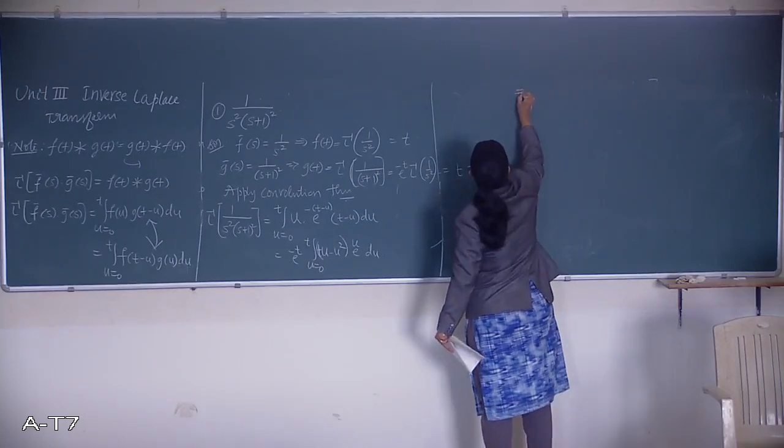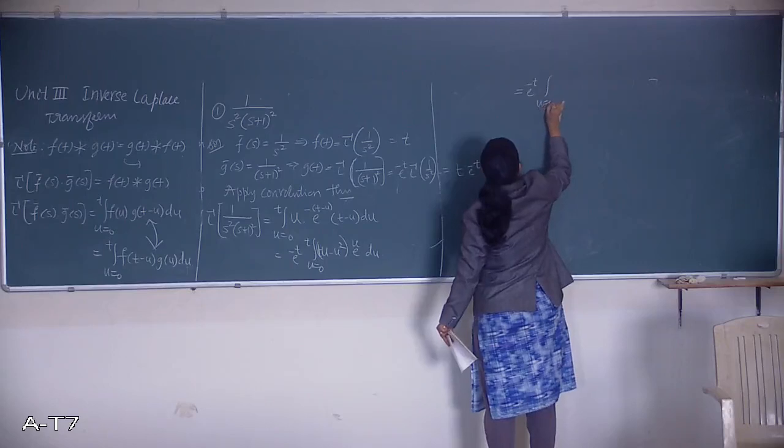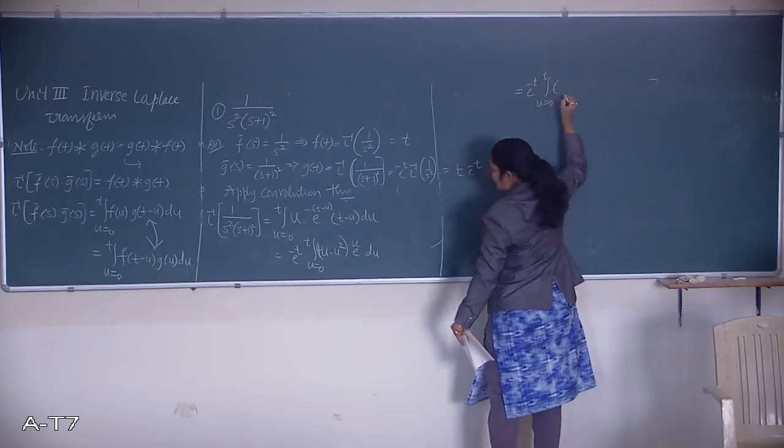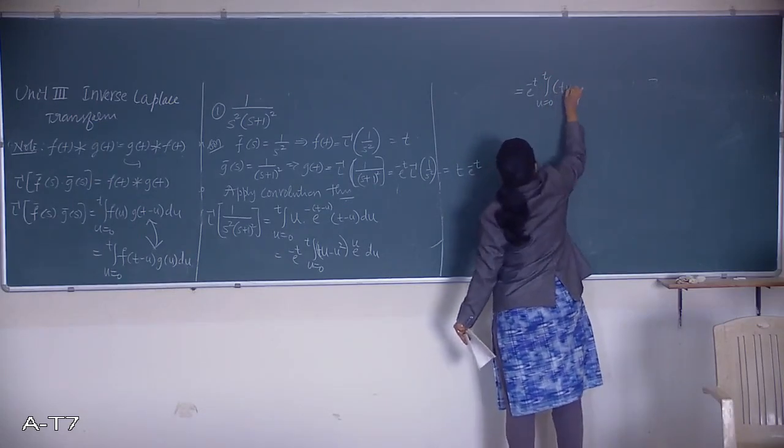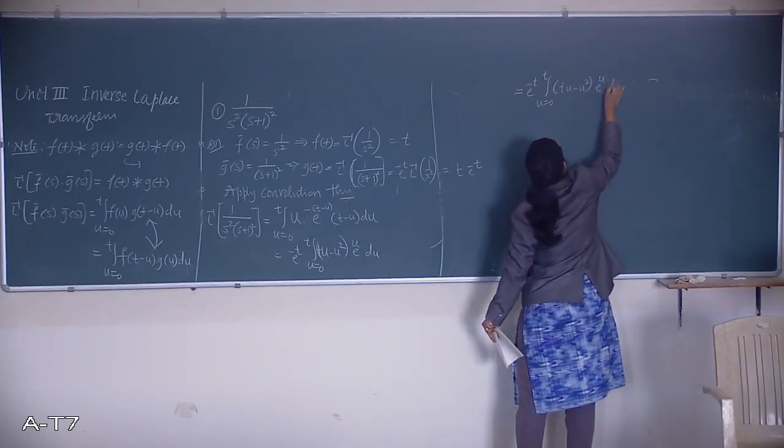The same step I'll be writing: e power minus t, integration u is equal to 0 to t, and the first one is tu minus u square into e power u du.